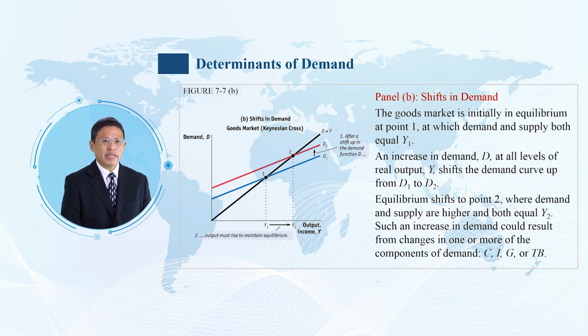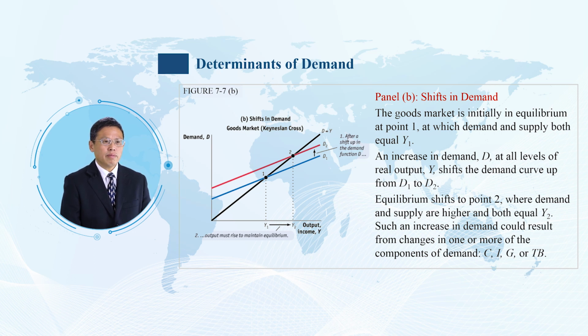This is seen in Figure 7-7 panel A. Thus, a fall in taxes shifts the demand function upward from D1 to D2, as shown again in Figure 7-7 panel B. The increase in D causes the goods market equilibrium to shift from point 1 to point 2, and the output rises to Y2. The lesson: any exogenous change in C due to changes in taxes, etc., will cause the demand curve to shift.